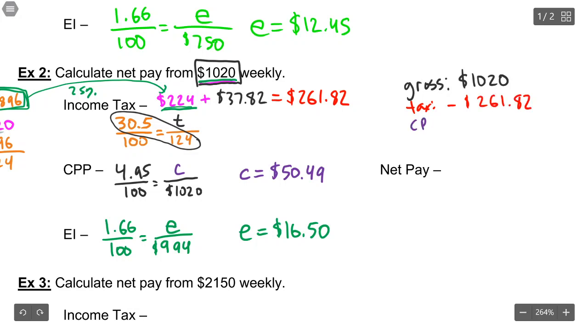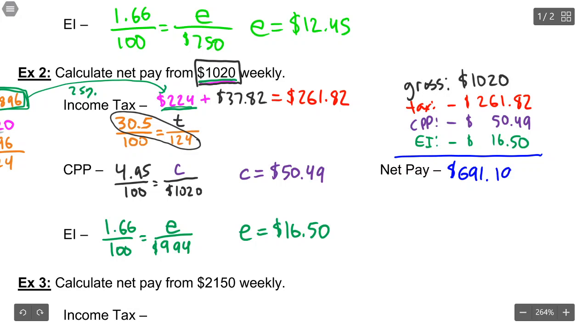And then CPP, we take away the $50.49 for CPP. And then EI, we take away the $16.50 for EI, and you put that all into your calculator, and you get a net pay of $691.19.